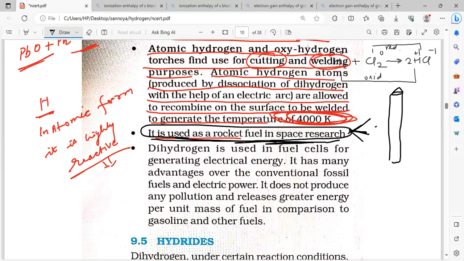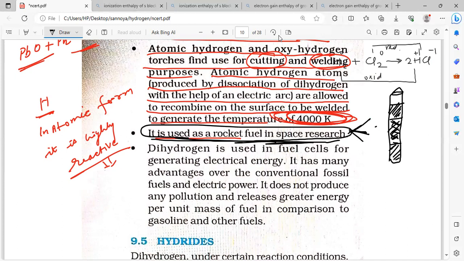Some portion they fill with hydrogen, and other portions are filled with different substances, fuels and propellants. In some portion they fill the hydrogen also.